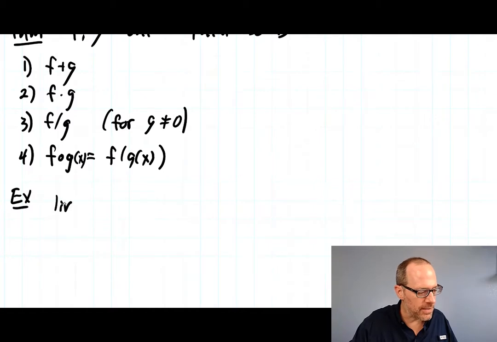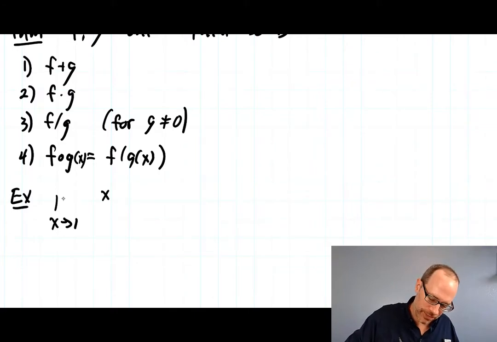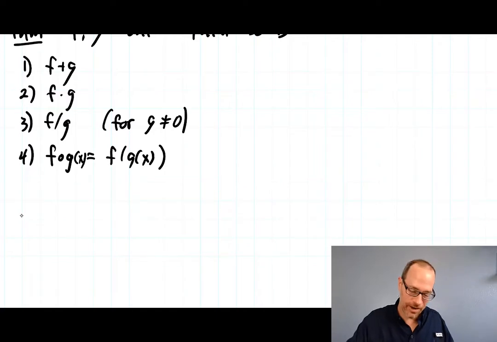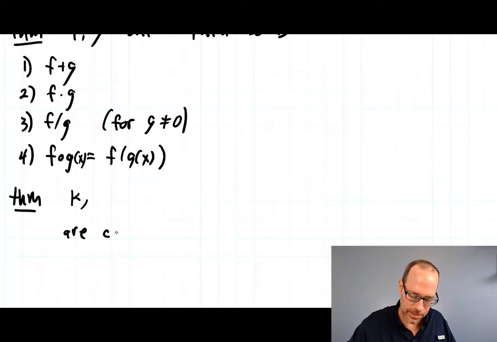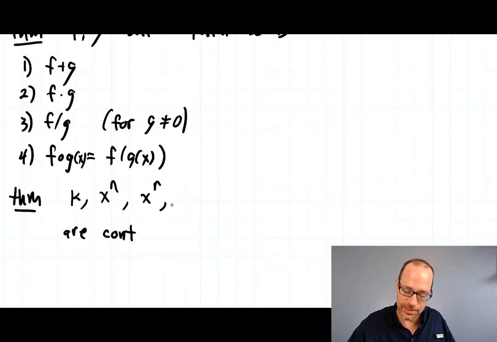Evaluate the limit as x goes to 1 of, let me tell you one more theorem first. All the functions that you know and love pretty much are continuous. Things like constant functions are continuous. Polynomial things like x to the n are continuous. Power functions like x to the r are continuous.